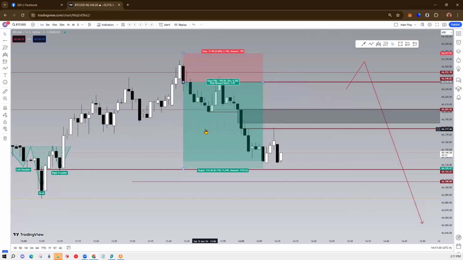Would be nice if it goes below support, which is that neckline here. If it breaks below this, it's a winning trade.